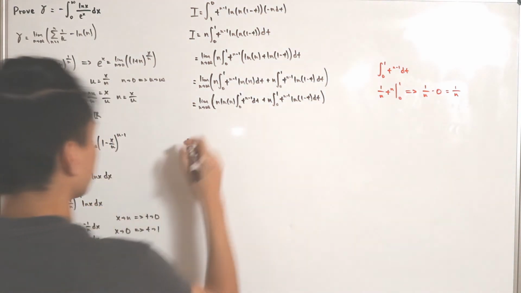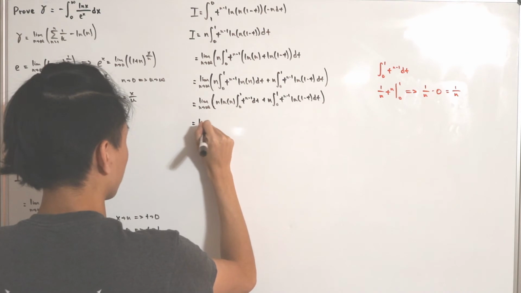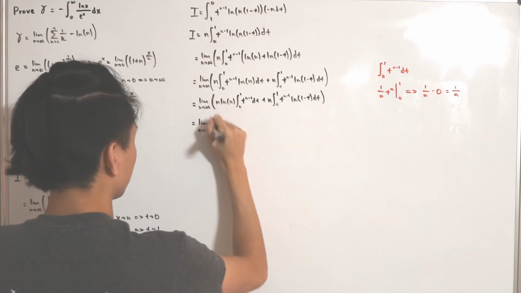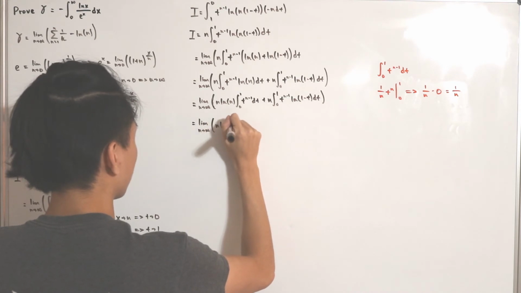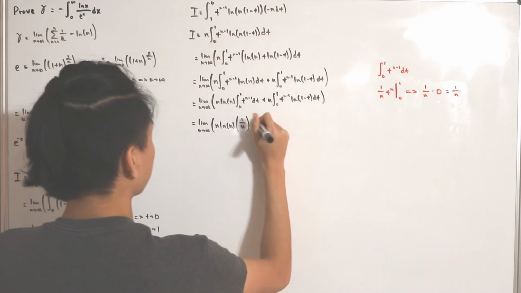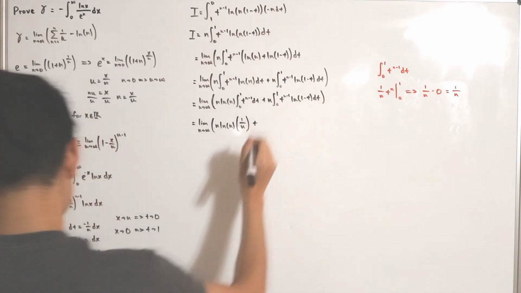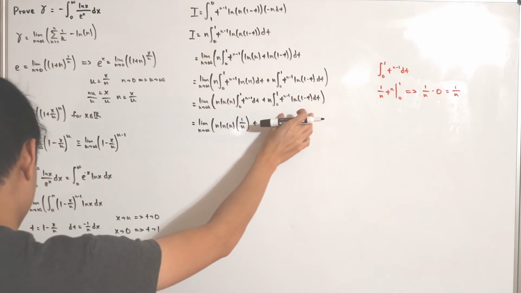So that means the limit as n approaches infinity of n, and then natural log of n, being multiplied by 1 over n, and then plus, now we have this integral that we need to focus on.